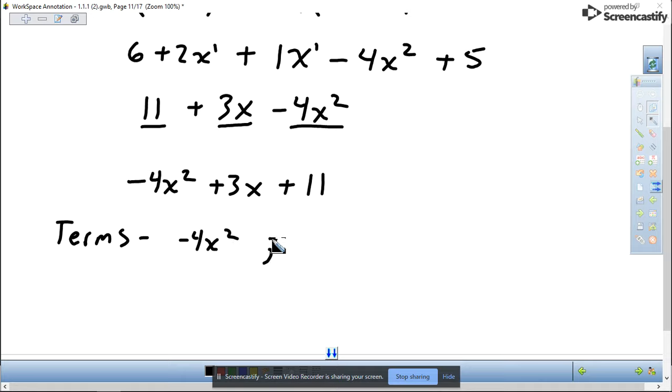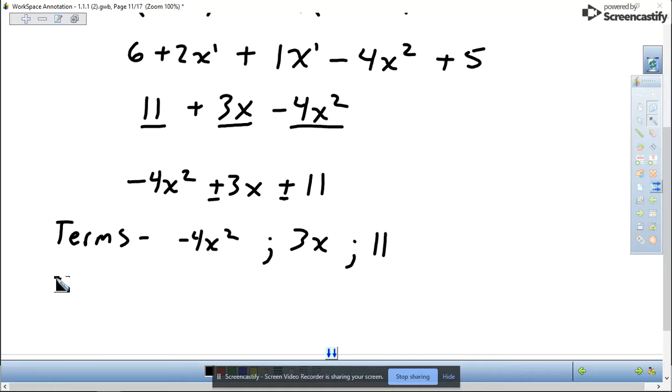Your second term is 3x. You can put the plus out front if you want to, but it's positive, so we don't really need that. And then lastly, 11. Those 3 things are separated by addition or subtraction in that problem. They're separated by these plus signs. Okay? So that is your terms.